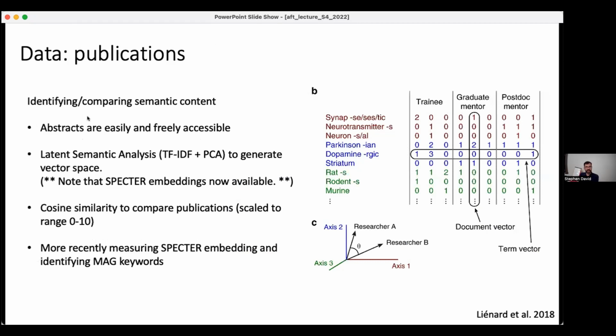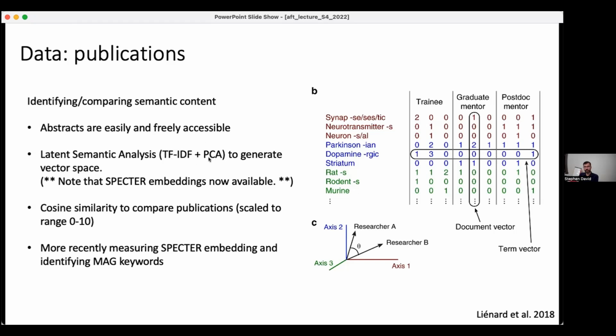What we've done is taken the publication information and performed various semantic analyses. My work has been mostly on abstracts, but of course you can use full texts when they're available as well. Initially we did some very simple TF-IDF plus PCA based analysis.